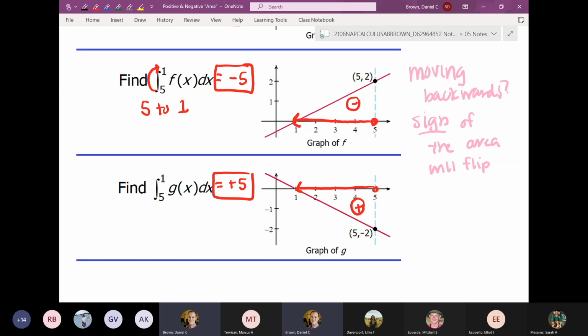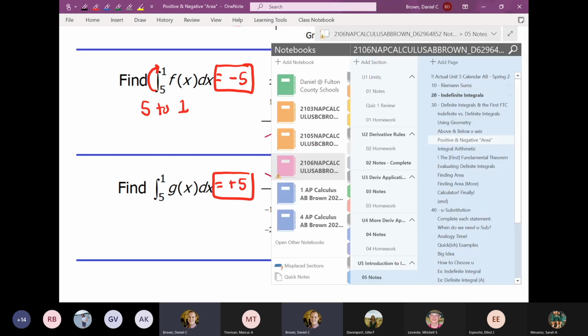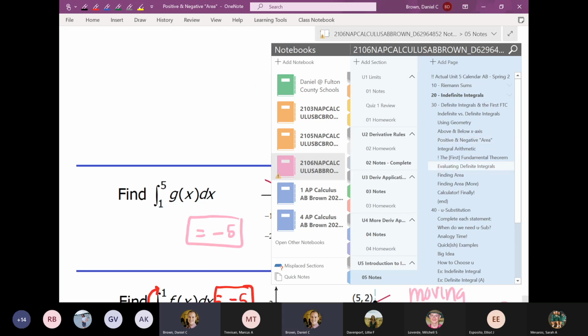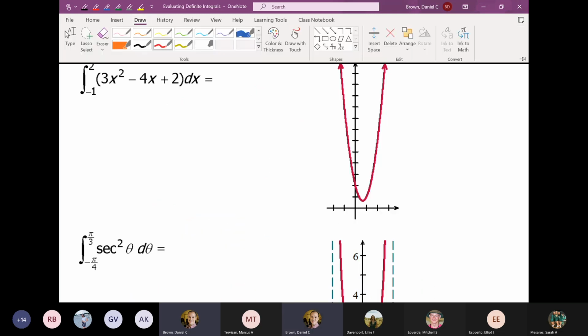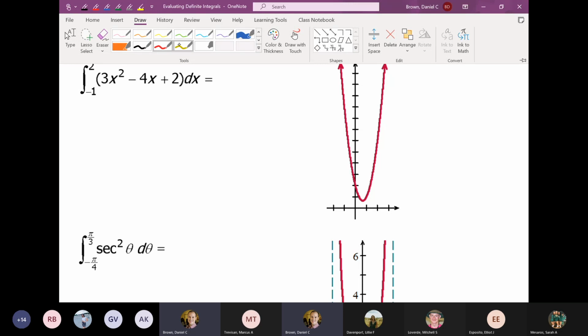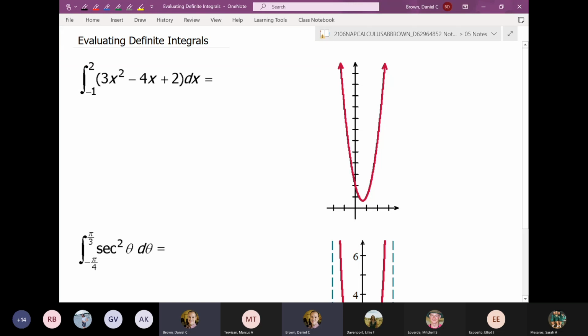If we had the graph in front of us and we could divide it into shapes, then we know that we could easily find the area. We also want to talk about how we'd find it when given just the equation of the graph. So to skip ahead a few slides, we don't need to go to it now, I just want to show you the picture. This is the definite integral from -1 to 2 of 3x squared minus 4x plus 2.